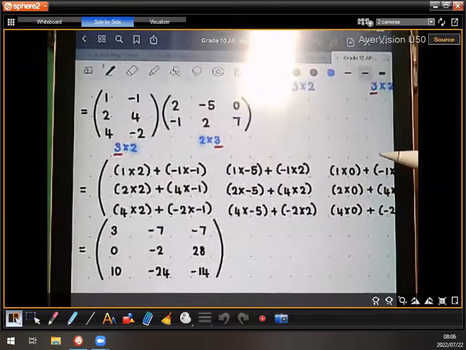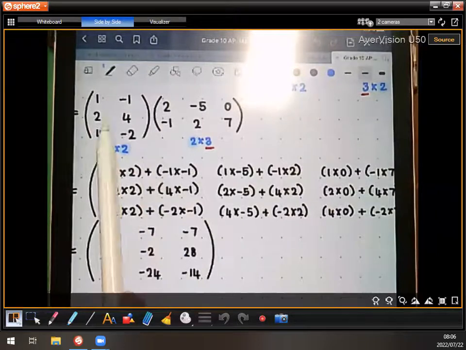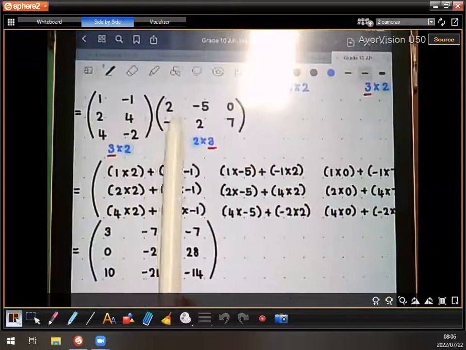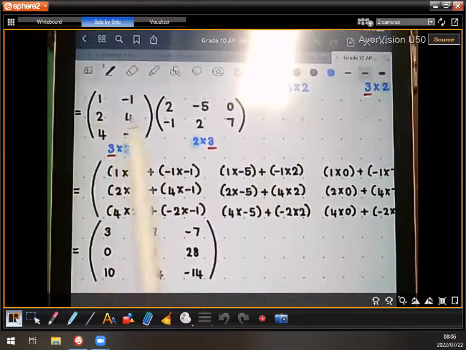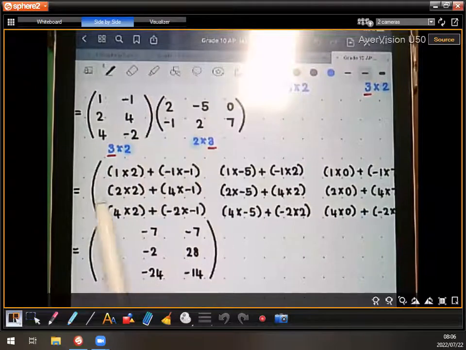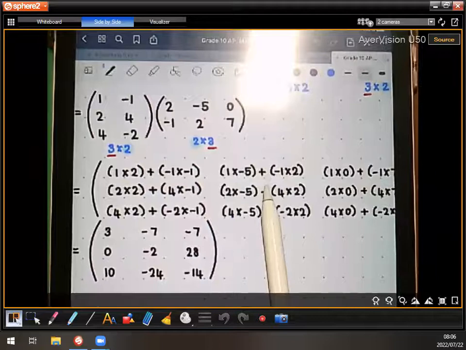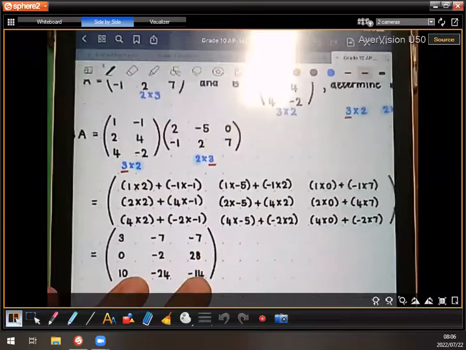Then you do that for all of them. Second row, first column gives the number in the second row and first column. Second row, second column gives you the number in the second row, second column. And so on.